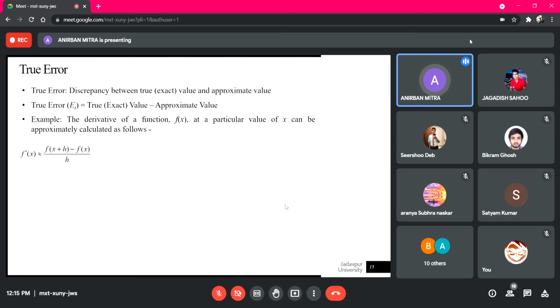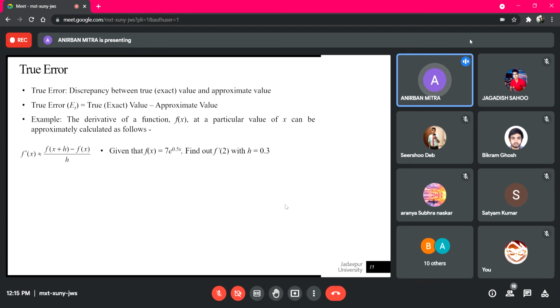Here, that delta x term I have replaced with h. Now, the problem that we are considering is that we have to evaluate f dash 2 with a given value of h of 0.3. And what is f of x? f of x is an exponential function, 7 e to the power 0.5x.